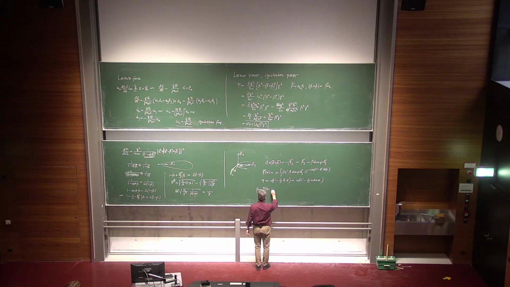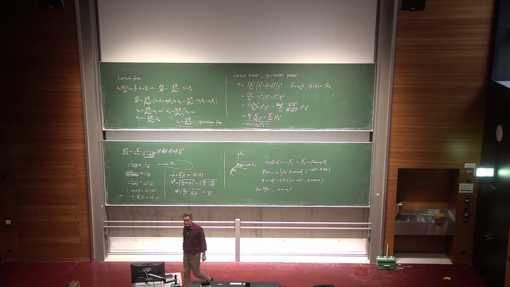We know this is approximately 1, and we know that the angle phi is omega L times t prime if we choose the origin of the retarded time t prime such that the angle phi is 0 at time t prime equals 0. Okay.